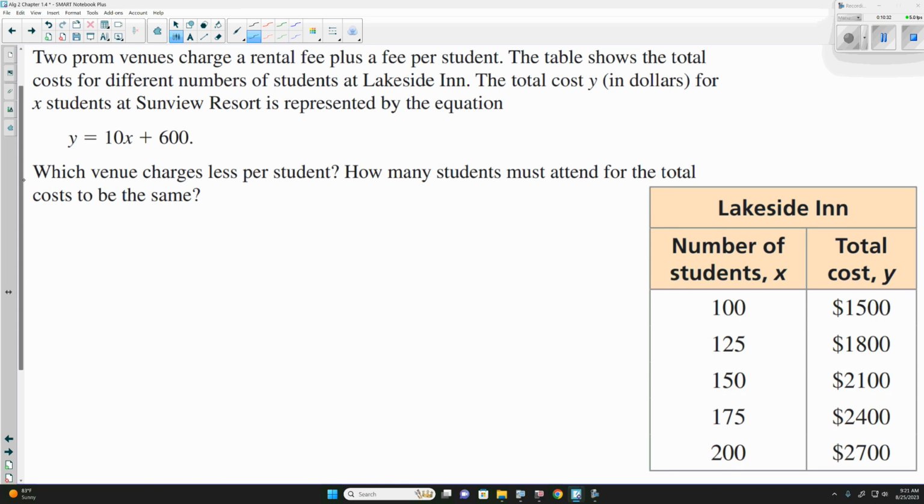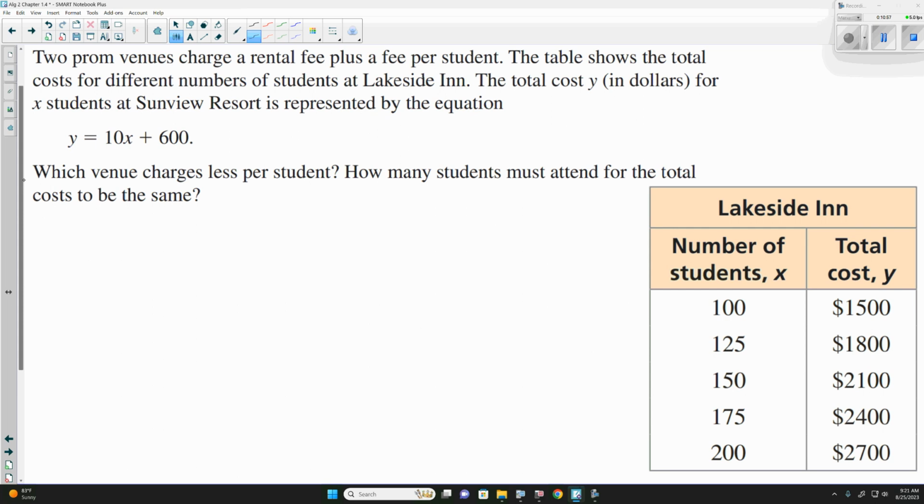We want to figure out which one charges less per student and at what point they cost the same. Because this is normal: different companies charge different things, and especially with rental fees or with shirts, there's going to be an amount that they charge per unit, and figuring out where is going to be cheaper or when you actually need to go somewhere else.